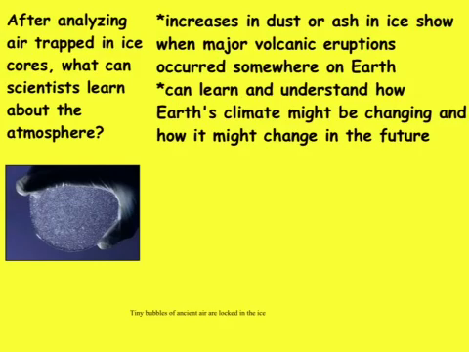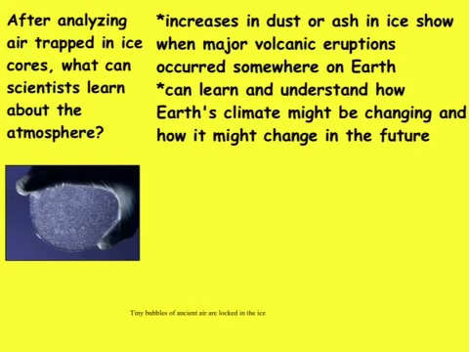Alright, after analyzing air that's trapped in ice cores, what can we actually learn about the atmosphere? Well, we can also see, in addition to just what the general makeup was, that increases in dust or ash in the ice show when major volcanic eruptions occurred somewhere on Earth, because, as you may know, once a volcano erupts, a lot of ash and dust goes up into the atmosphere.